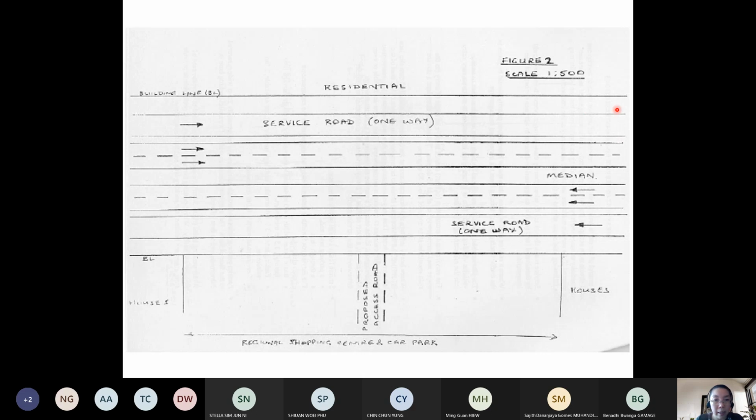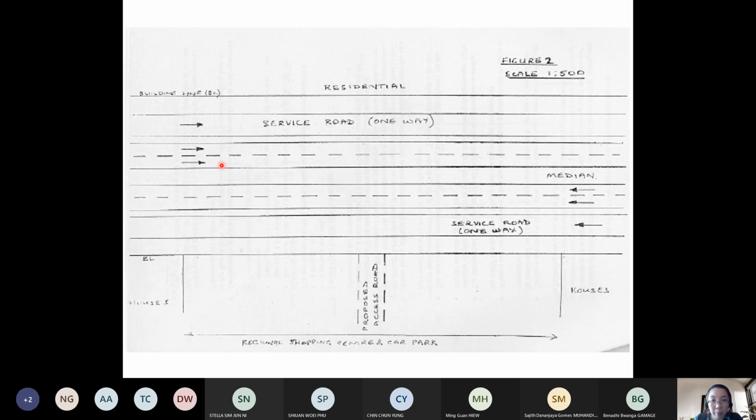So the idea is that if you want to get off from the arterial road into the residential area, you get off to the service road and then you exit at the appropriate junction to the residential area. The service road should have very low speed, and the main arterial, the 4-lane two-way, should have a much higher speed.